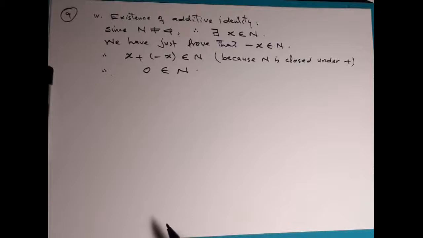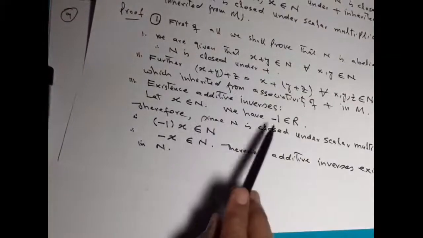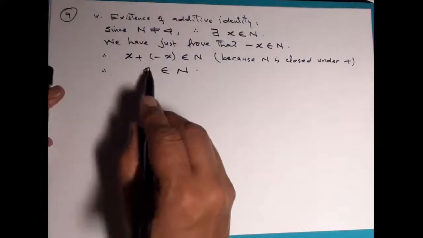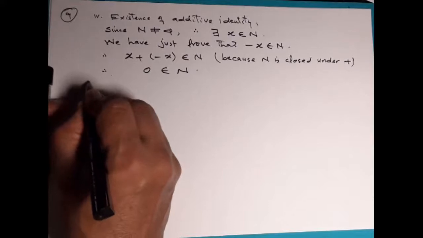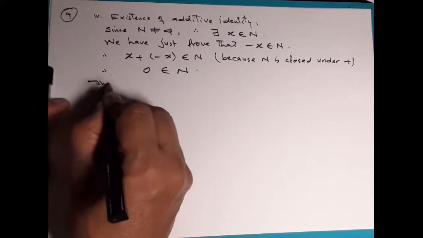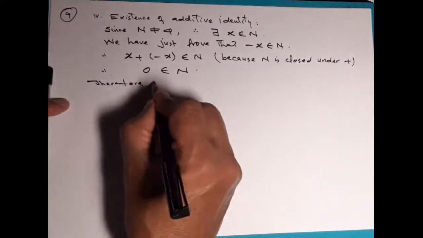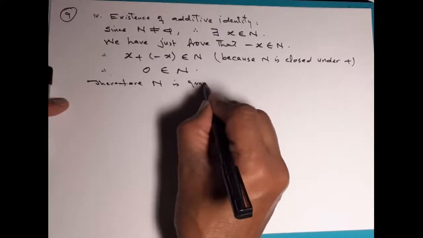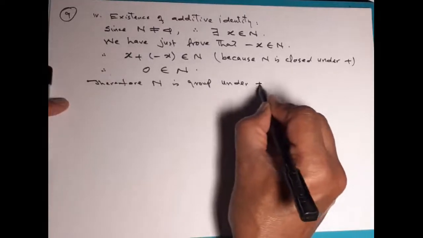Now, N is closed under addition, addition is associative, additive inverses exist, and the 0 element belongs to N. Therefore, N is a group under addition.